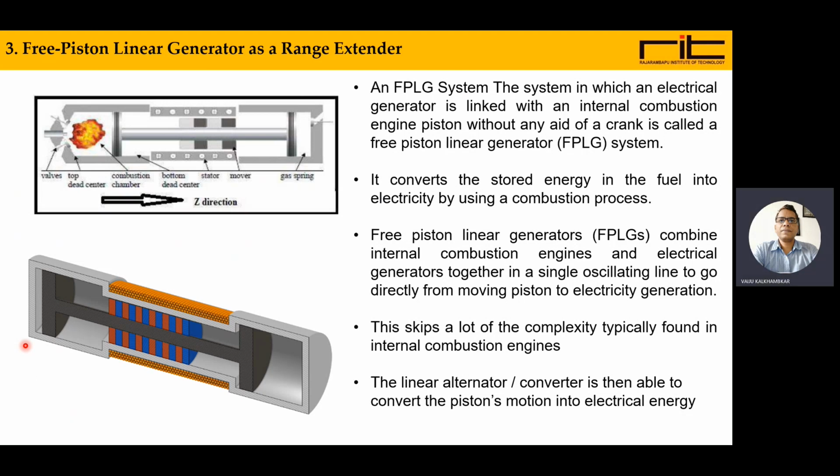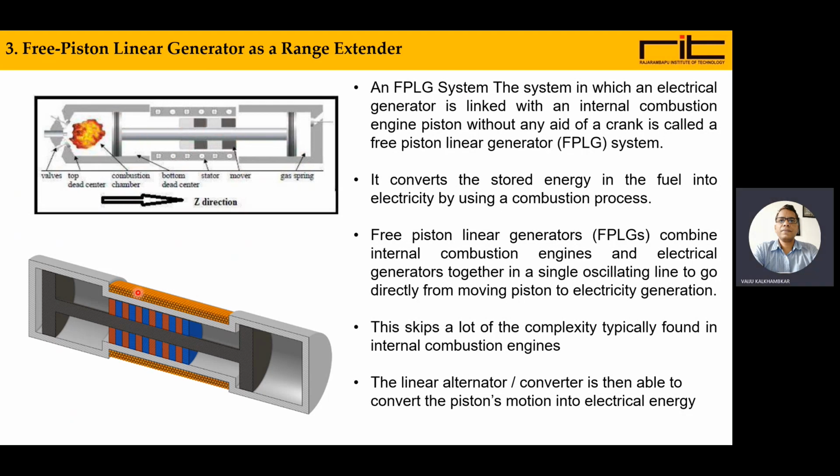This arrangement removes a lot of complexity that is there in IC engines, which have rotational movement. The linear alternator or linear generator is able to convert the piston's motion into electrical energy. So here we can see this is the combustion chamber, and this is the piston. Now this is moving into this.